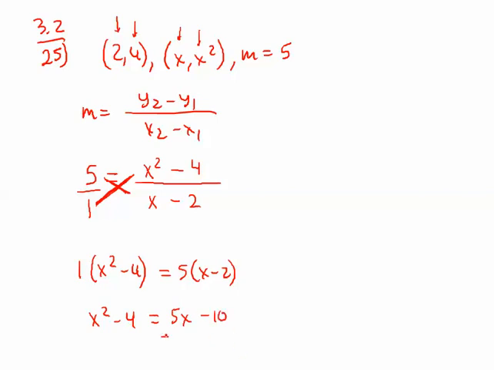So let's move this to the other side. I heard someone say factor. Absolutely. We have to move everything over, set equal to 0 first though. And we get ourselves x squared minus 5x plus 6. So what is that?